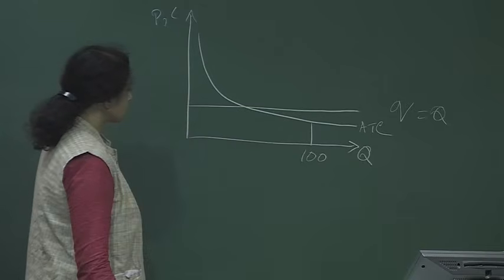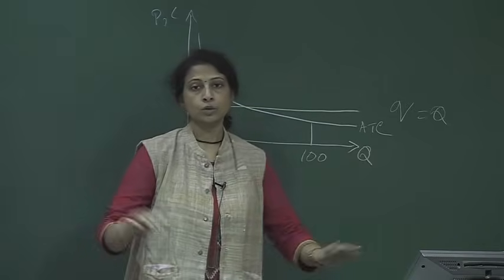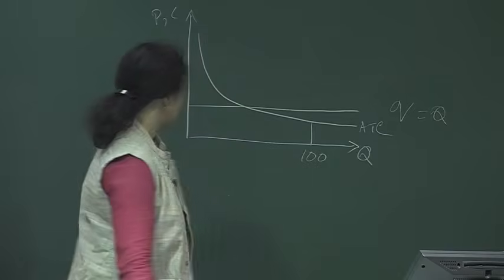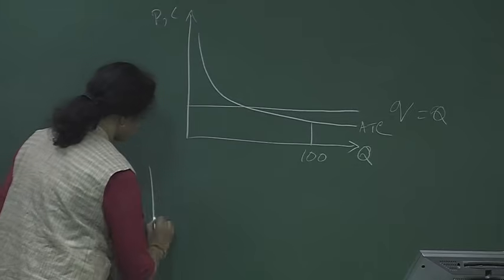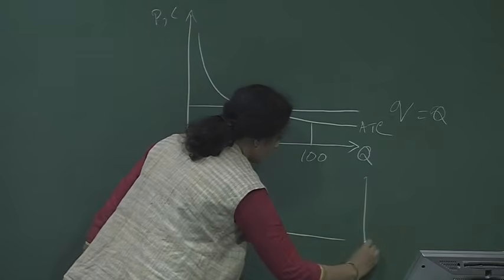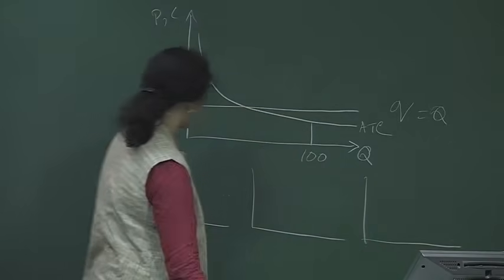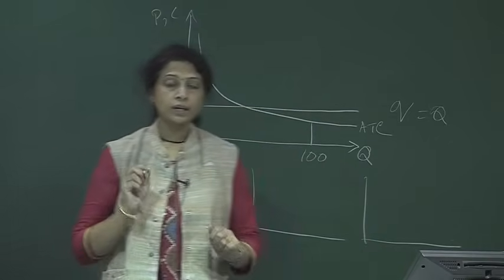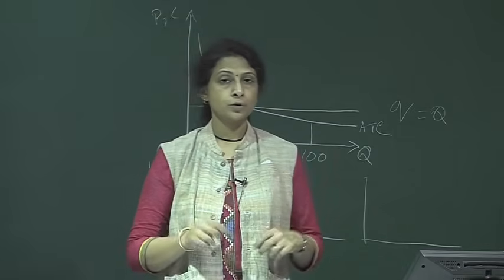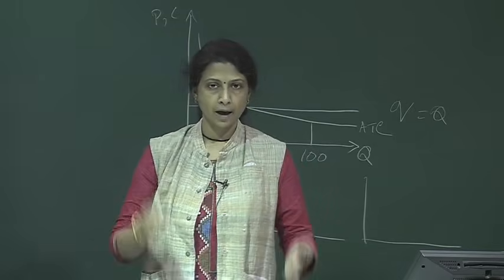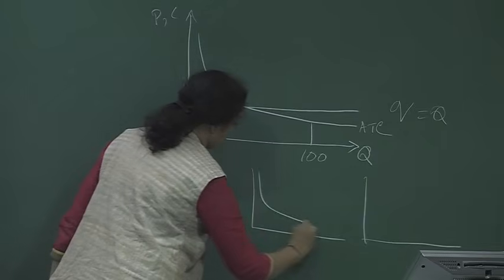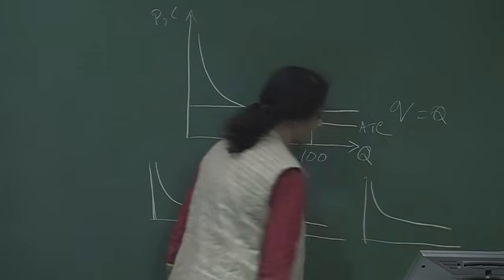Now what happens if we say that okay, we don't want a monopoly and we want a lot of firms to produce electricity, then we are going to have a lot of small firms. We are going to have a lot of small firms who again have to incur the fixed cost, because they cannot avoid the fixed cost before they start producing power, and for them also the average cost will look like this.